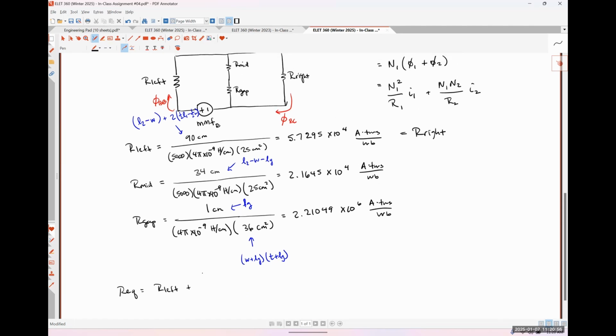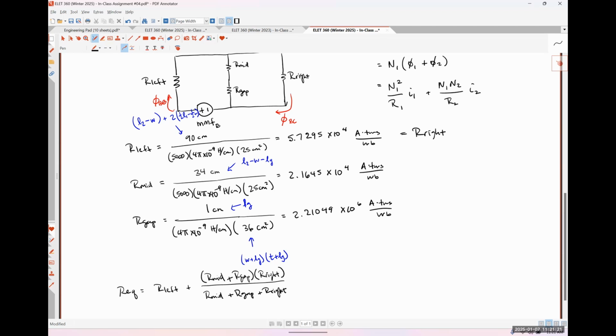So let's write this as R mid plus R gap times R right, over R mid plus R gap plus R right.